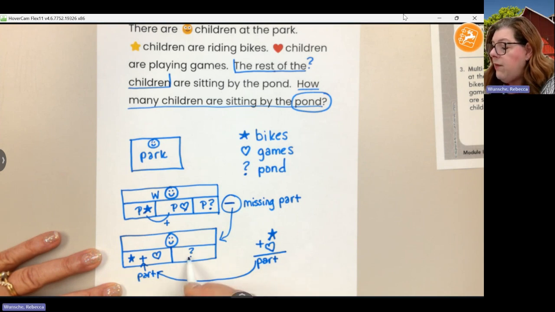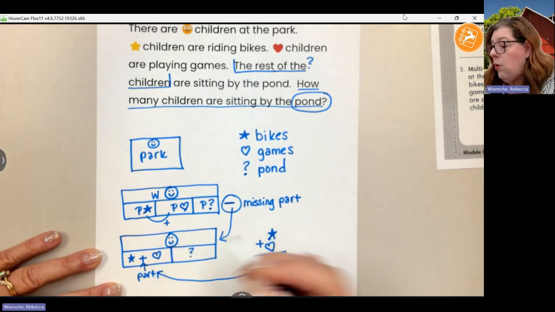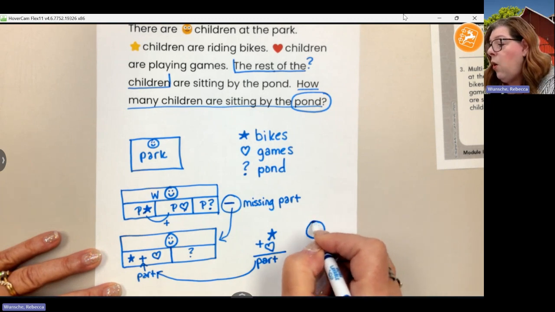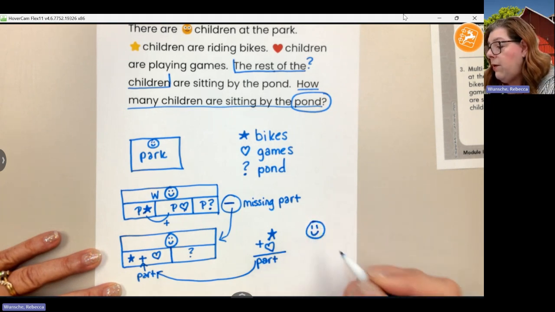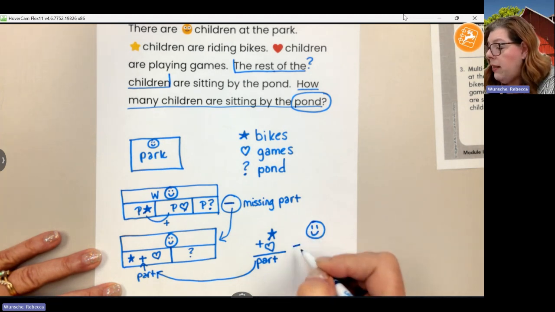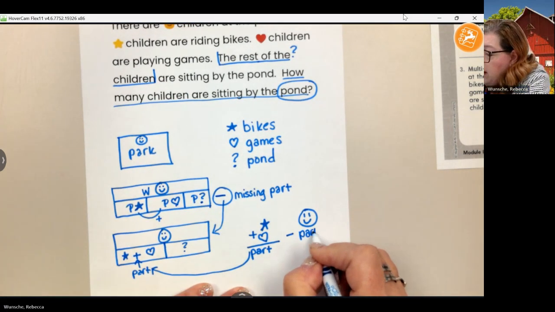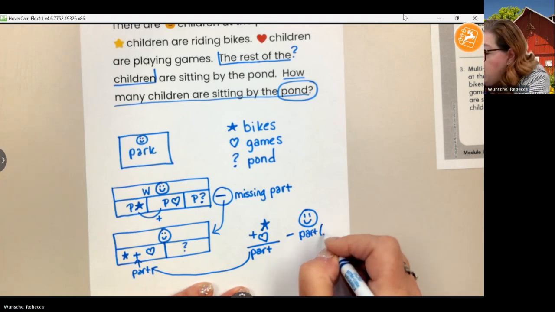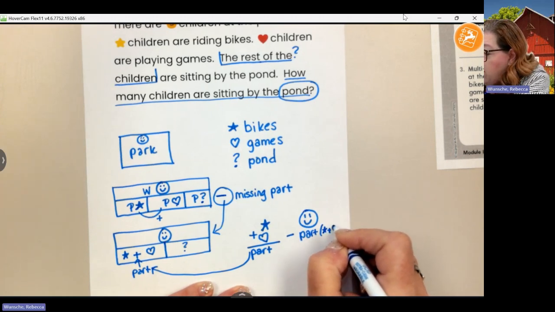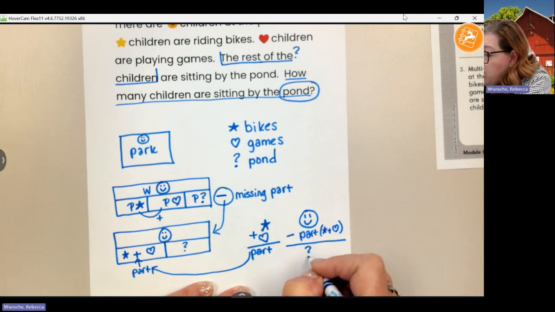Then I'm going to have to figure out my missing part. So I know when I have a missing part, I subtract. So my problem is going to look like my whole, because when you're subtracting, you always take the whole as your biggest number. It goes on top of your subtraction problem. So my whole minus my part, which I have found out is actually star plus heart, is going to equal my question mark.